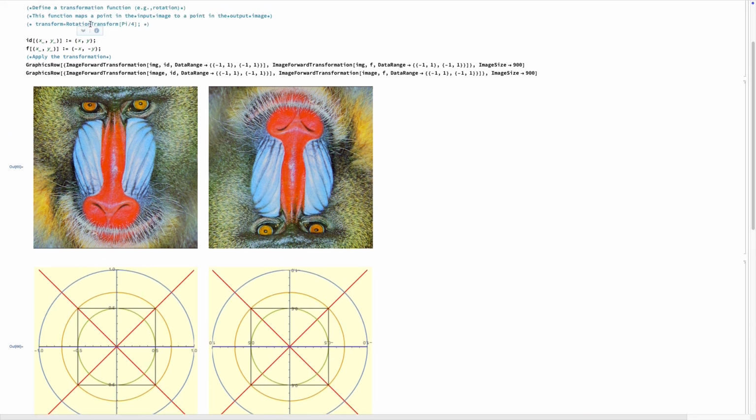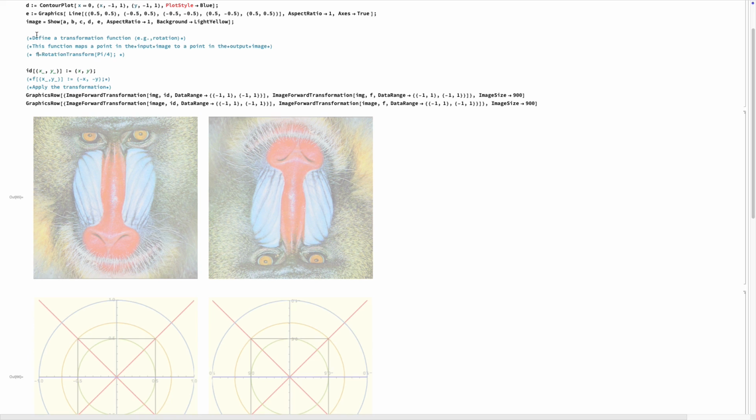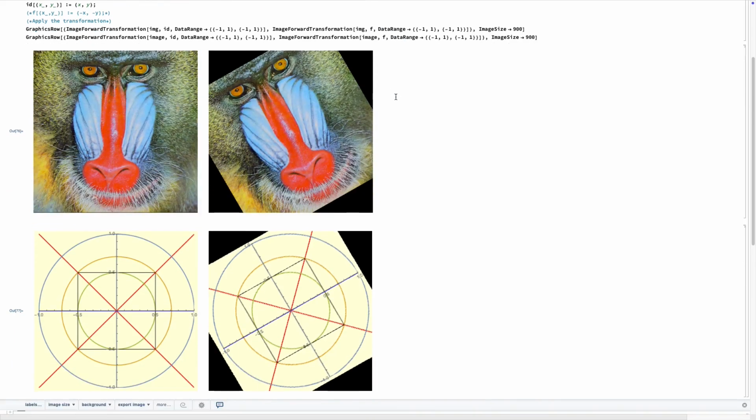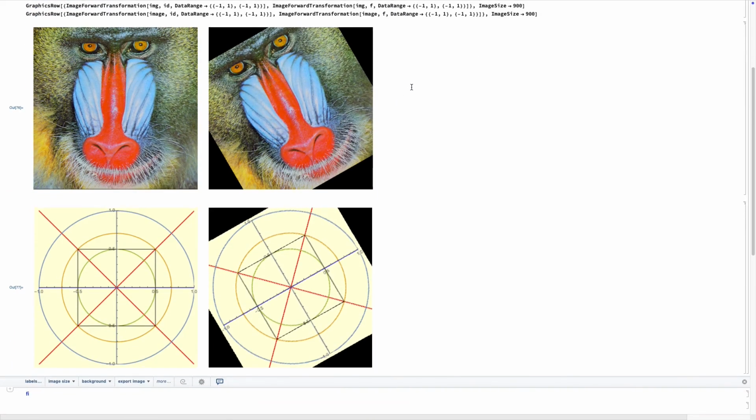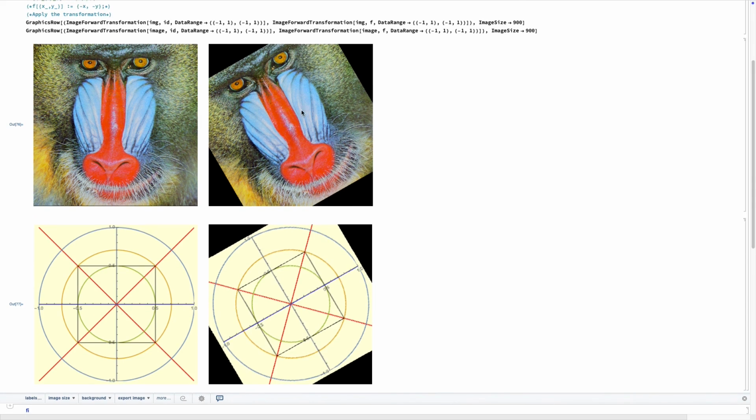Okay, and then of course we can do any number of things like this. There's some built-in ones in Mathematica. So let's say I can make it a rotation. And see there, I rotated by pi over 6 in the positive direction, in other words, in the counterclockwise direction.